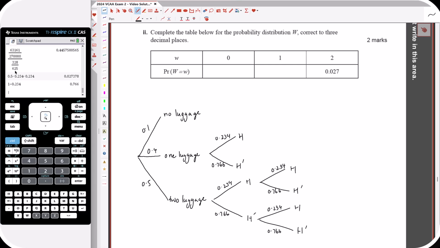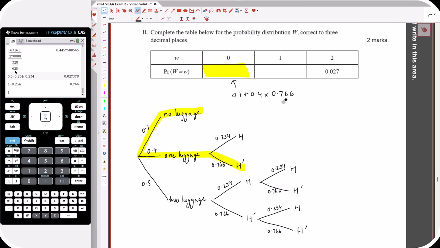Now, if we want the probability that the traveller checks in no heavy bags, that's going to be they check in no bags at all, or they check in one piece of luggage, but it's not heavy. So the calculation is going to be 0.1 plus 0.4 times 0.766.